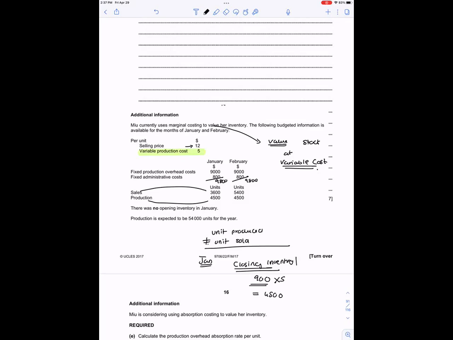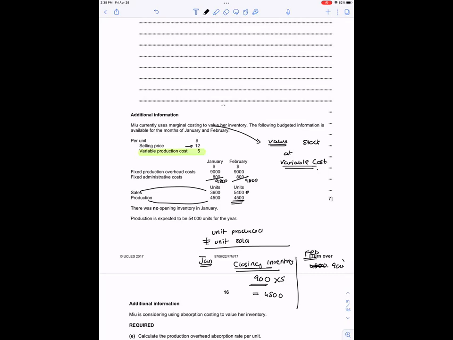Yes, miss. In February, this 4,500 will become the opening inventory. Okay. Now let's see. Sorry, 900 units will become the opening inventory. In Feb, you have produced 4,500 units and you've sold 5,400 units.